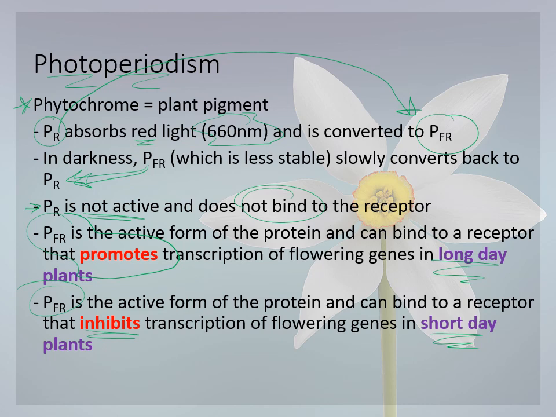And so too much far red, too much sunshine shuts down those flowers in our short day plants. Lots of far red, more sunshine, more far red, turns on the genes. We do get the flowers in our long day. Too much far red, too much sunshine is going to shut down transcription, translation of the flowering time genes. So we don't get flowers in our short day plants.